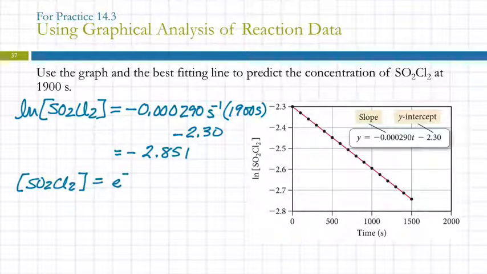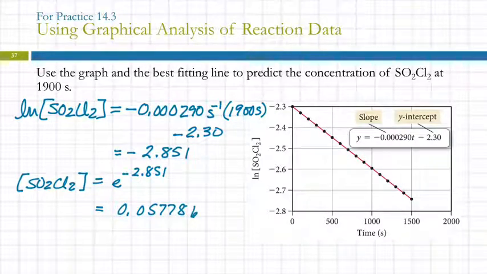So this is going to equal e to the negative 2.851. On my calculator, I press the e to the little square button, then move the cursor up to the previous answer and press enter, and it pulls that answer into my new calculation. Press enter again, and I get 0.057786505. That's all of it.